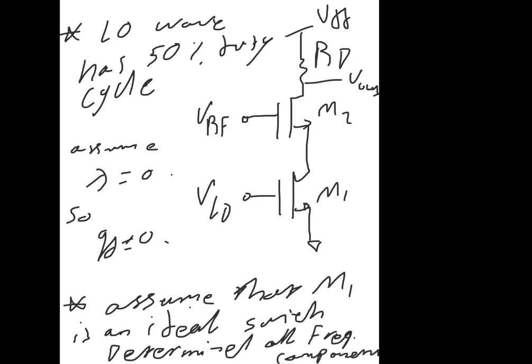Okay, so if you think about the frequency components, you can find it by, first of all, we have a square wave, the VLocal oscillator, and I assumed it's 0 and 1, 50% duty cycle.